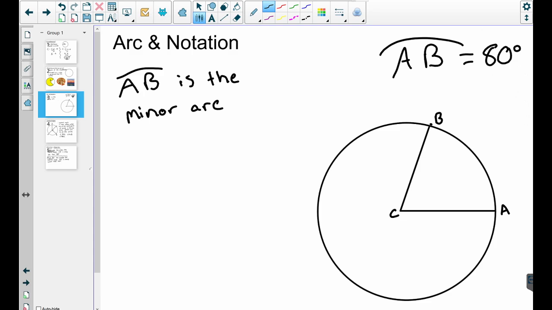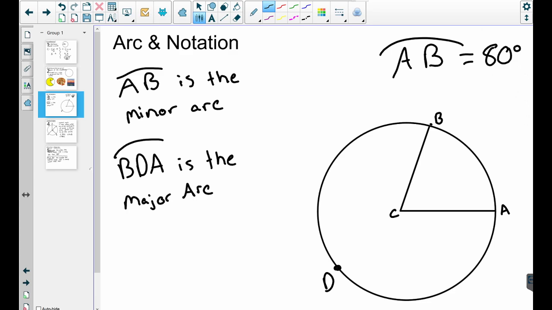And when it comes to notating major arcs, you're going to have an extra point, kind of on the other side. So we'll throw D down there. So arc BDA is the major arc.